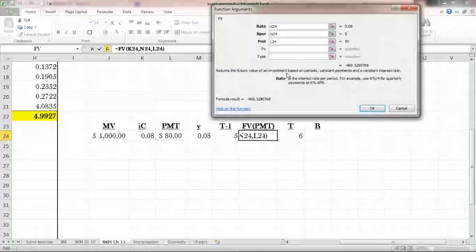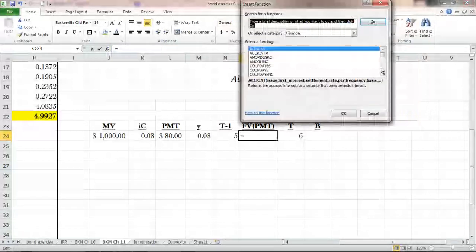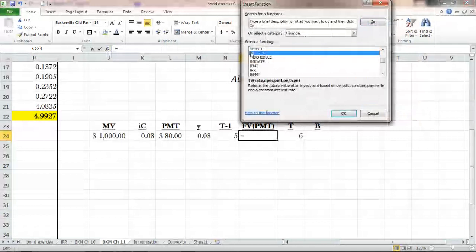For this one, no. Wait a minute, future value here.